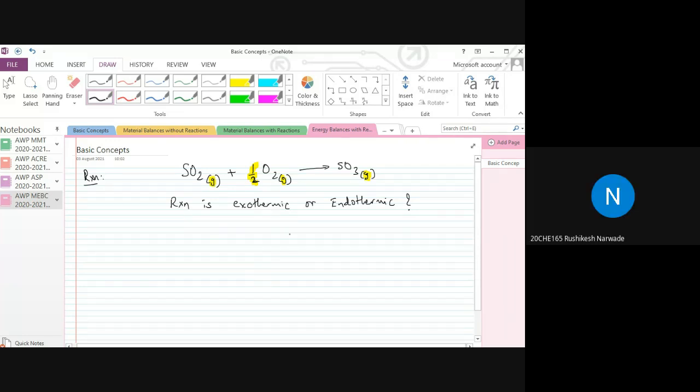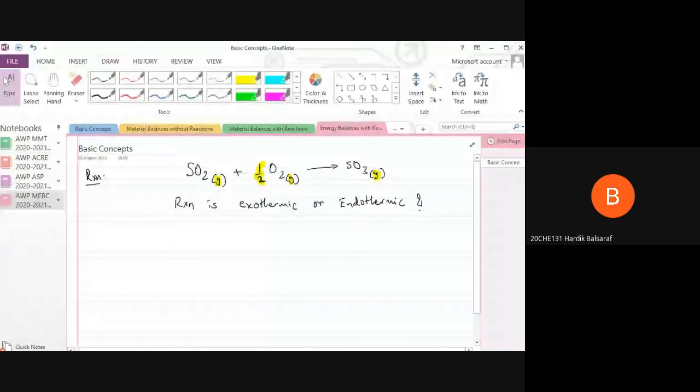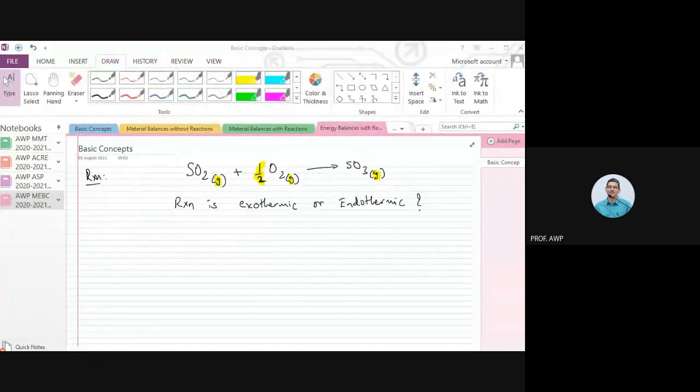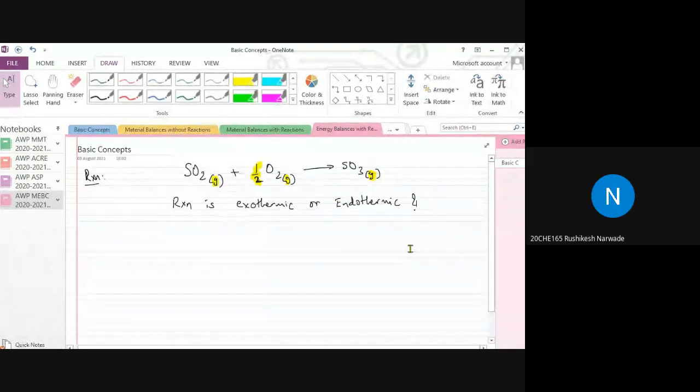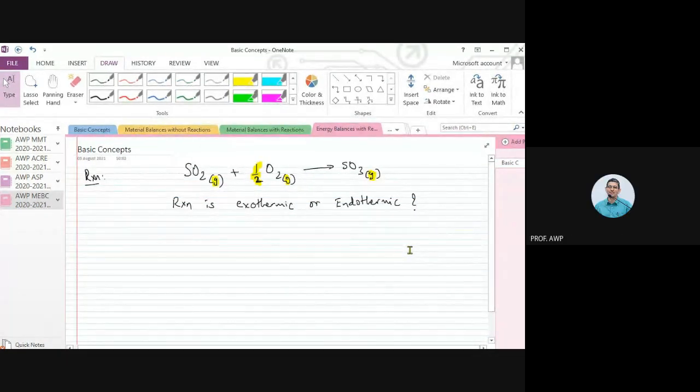Anybody else? Combustion reaction, so exothermic, sir. Combustion reaction. So bond formation, sir. Well, we are seeing so many big statements. Rishikesh has said that it is a combustion reaction, so it must be exothermic. Am I right? Hardik, you were saying bond formation.